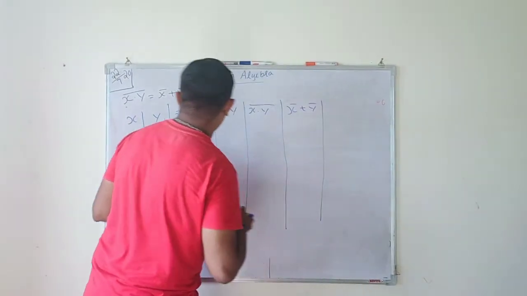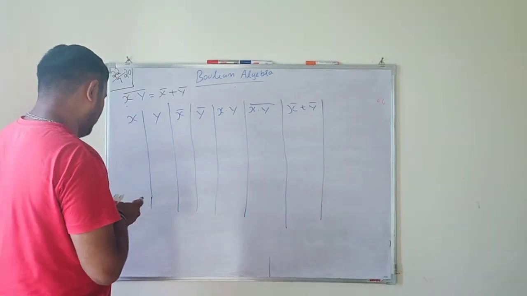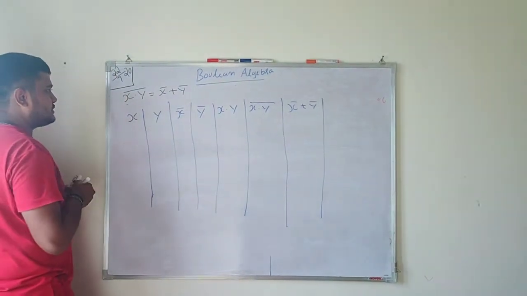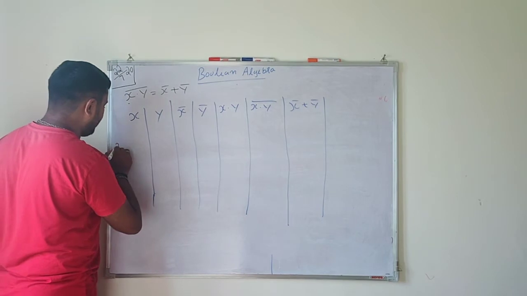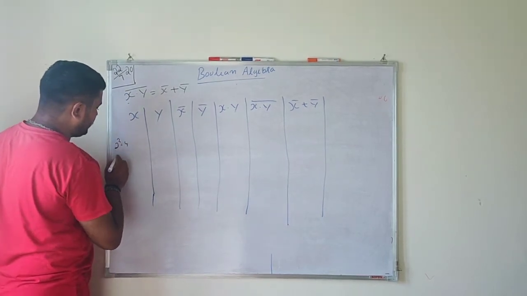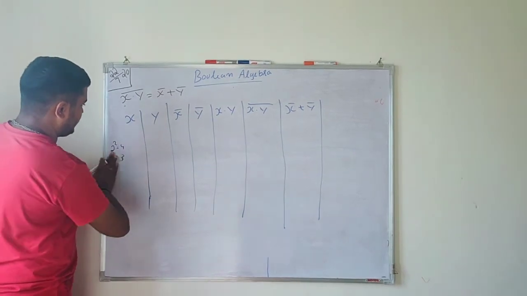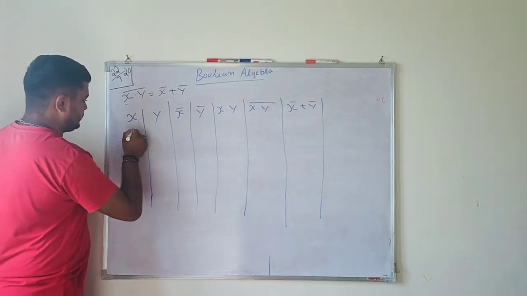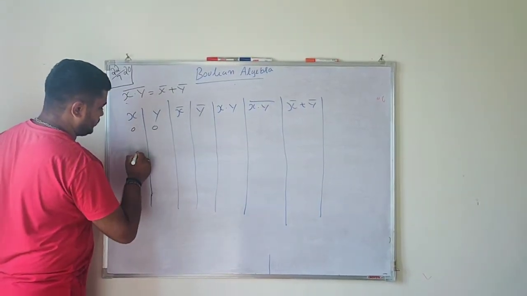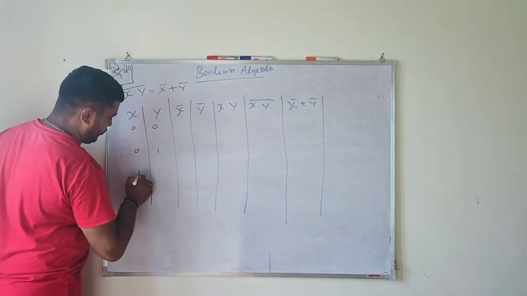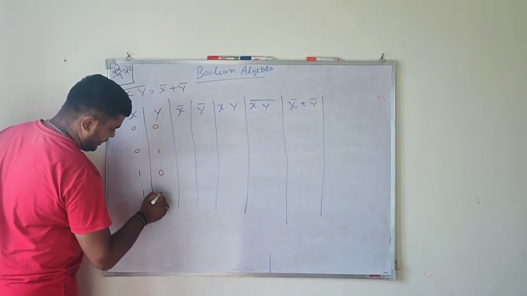Okay. Now let us write the values. Two inputs, so 2 to the power of 2 is equal to 4. So I should write 0 to 3. Now 0 0, 0 1, 1 0, 1 1.